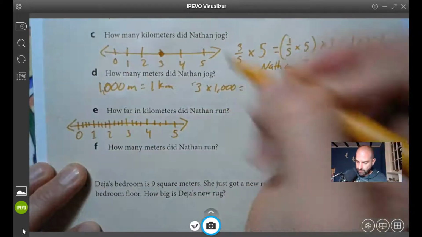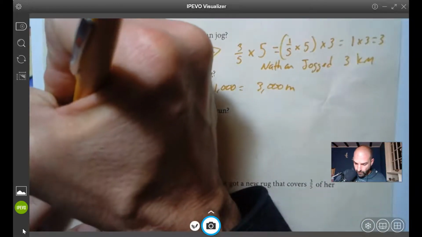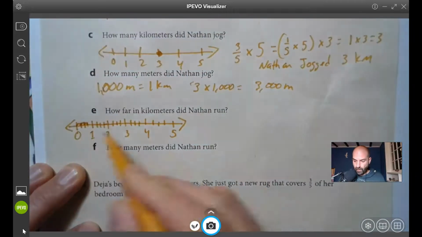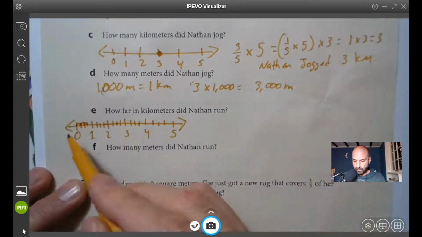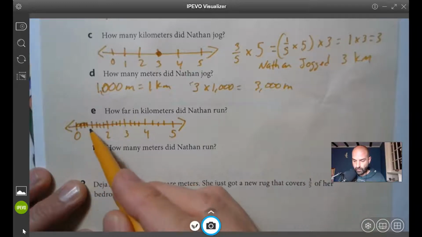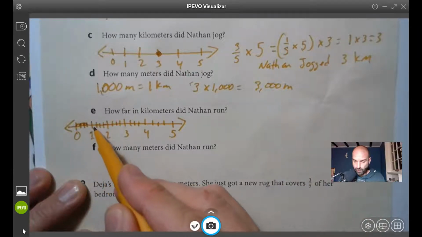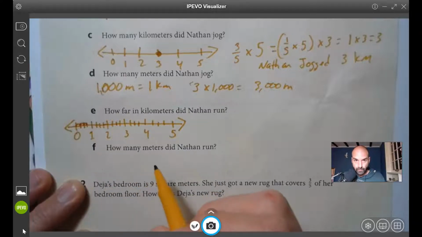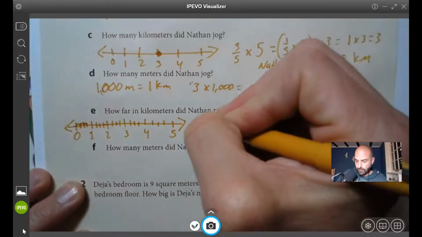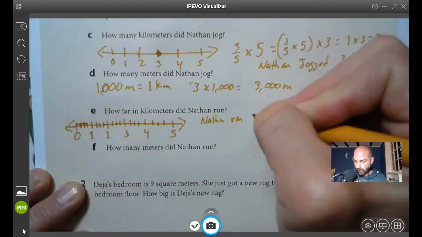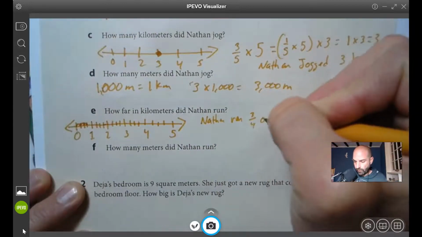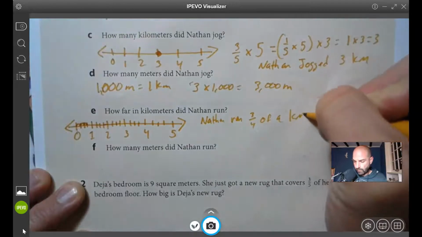Now, Nathan only ran 1, 2, 3 of the 20ths. So what is that of the whole race? Well, he went 1, 2, 3/4 of 1 kilometer. So Nathan ran 3/4 of a kilometer.